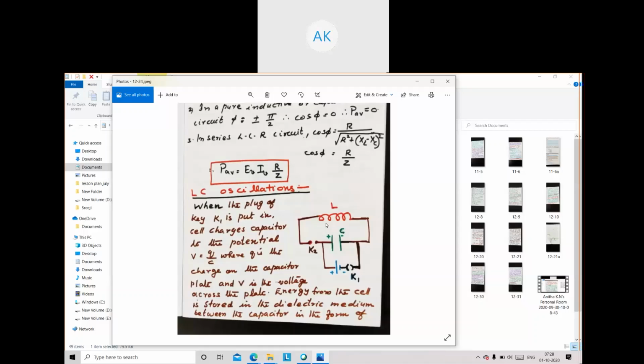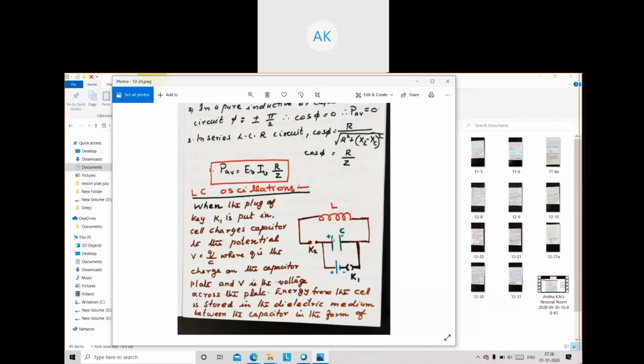That EMF will oppose the decrease in flux and charge the capacitor again in the opposite direction.